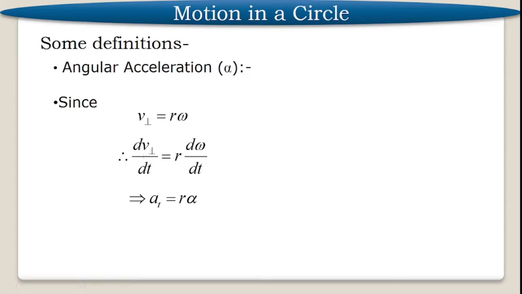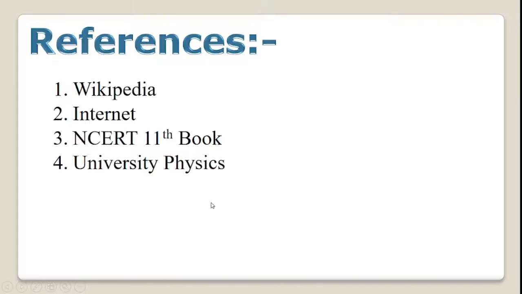There are two types of linear acceleration: one is the radial acceleration and another one is tangential acceleration. So here d v perpendicular by dt will be equal to tangential acceleration, hence a t is equal to r alpha, and this gives the relation between linear acceleration and angular acceleration. a t is equal to r alpha.